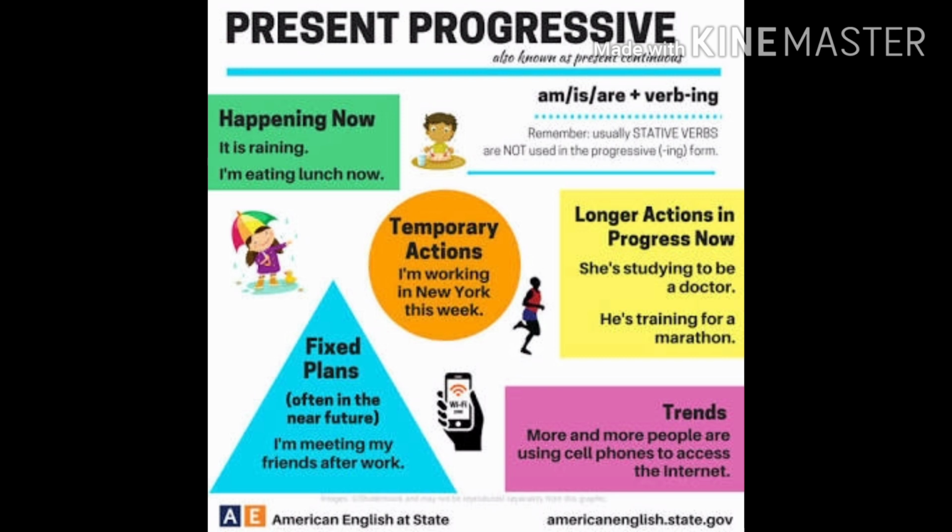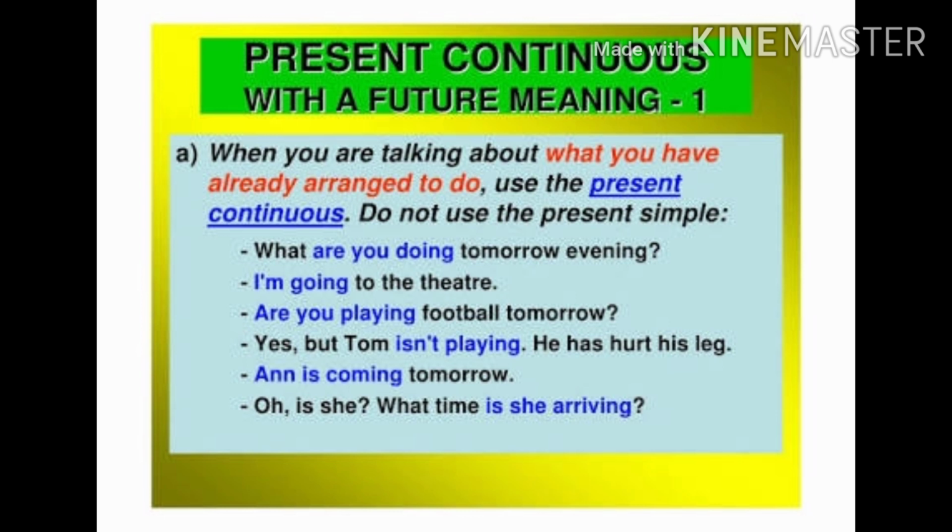If these adverbs are there in sentences and we are talking about some undesirable and persistent habit, we use present continuous tense there. For examples, you are always running me down. He is constantly looking at me, gazing at me.